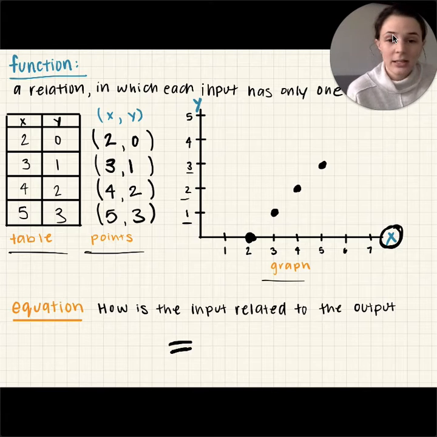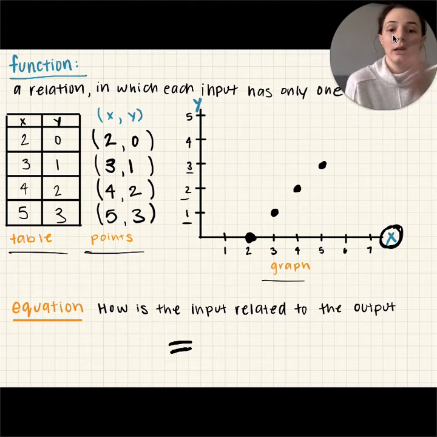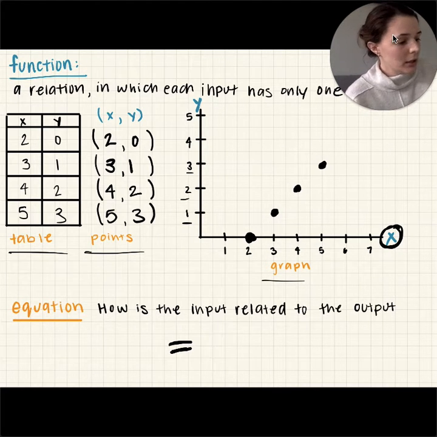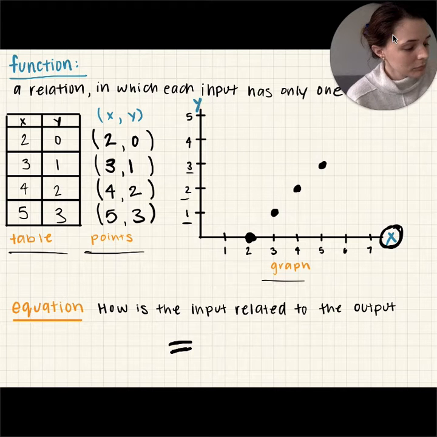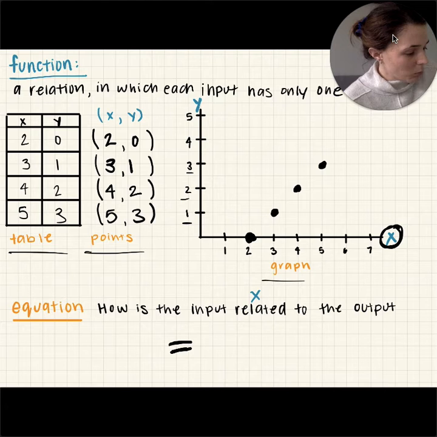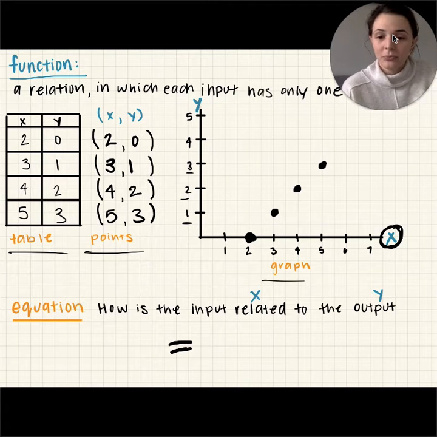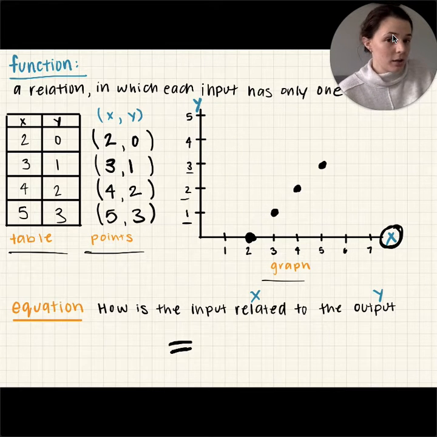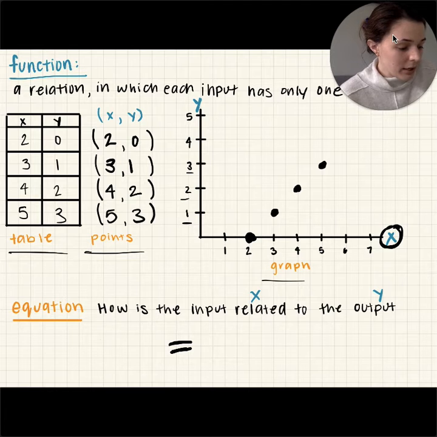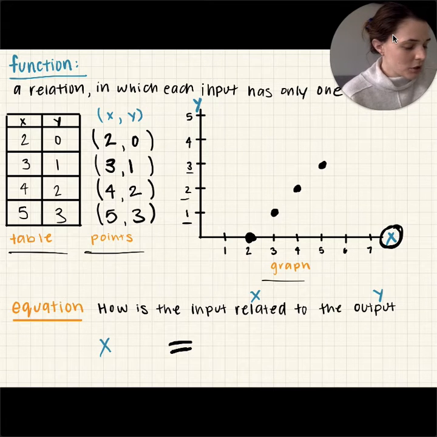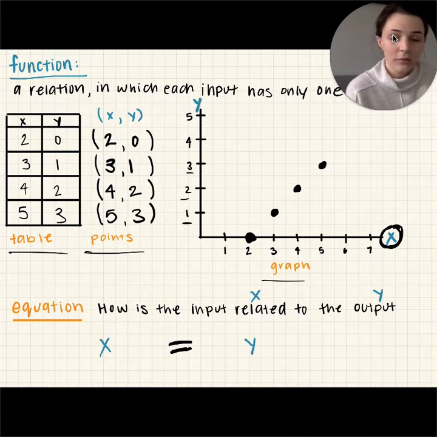Now the 2 things that I'm relating to one another are the input and the output. And we know that we can use x to represent input and y to represent output. So I'm going to start by just putting my x on one side of the equation and my y on the other side of the equation.